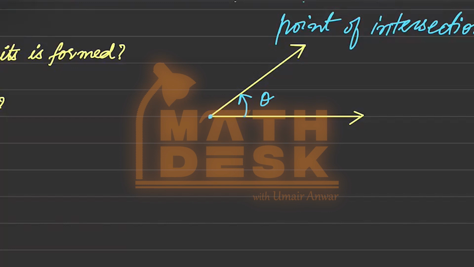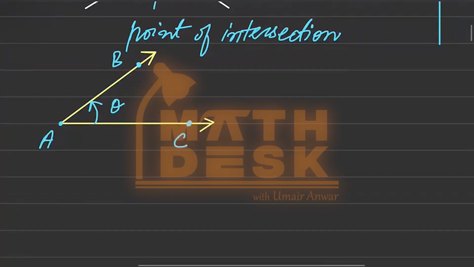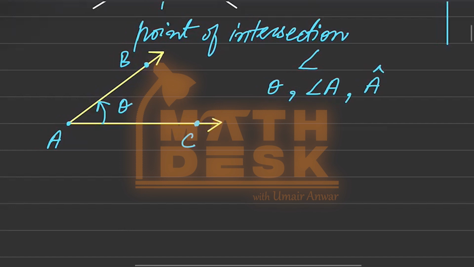So if I call this point A, and there is a point over here which is B, and another point over here C, then this angle could be named as either theta, or we could call it angle A, and this is the symbol of angle. It is similar to L, and it could even be called A with a hat or cap over it.